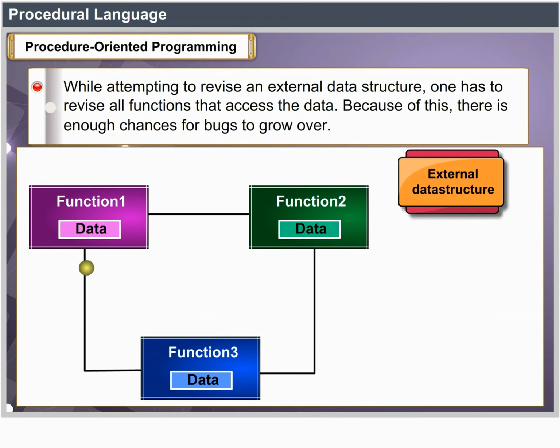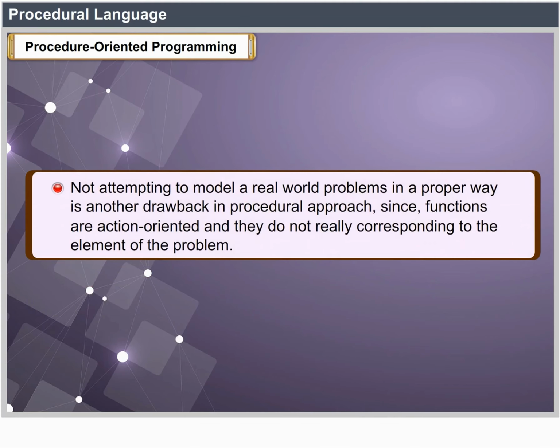This provides an opportunity for bugs to creep in. Another serious drawback with the procedural approach is that we do not model real-world problems very well. This is because functions are action-oriented and do not really correspond to the elements of the problem.